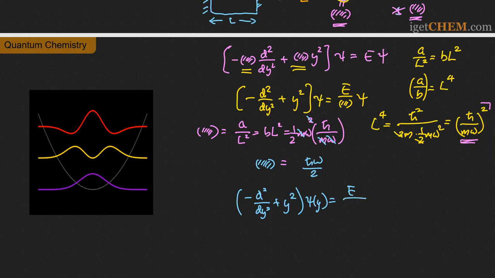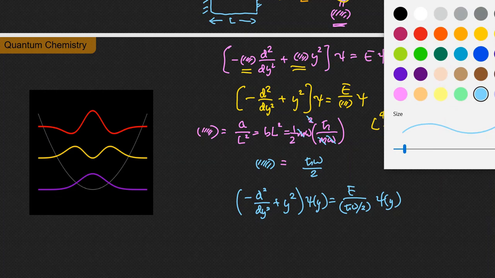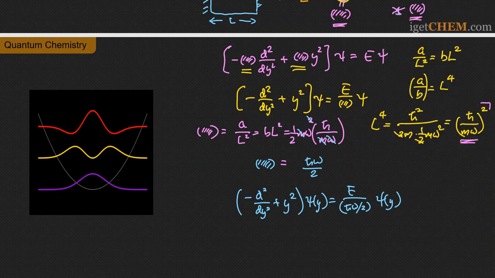So you see, in this case, whichever the eigenenergy will come out to be is essentially measured in units of h bar omega over 2. This is important, and that will be the starting point of the Schrodinger equation, which we can solve, and that makes it a lot simpler.